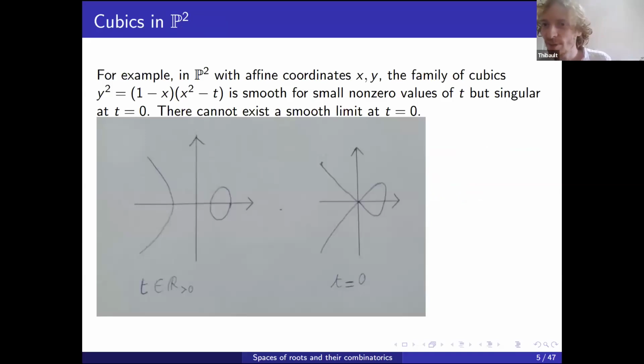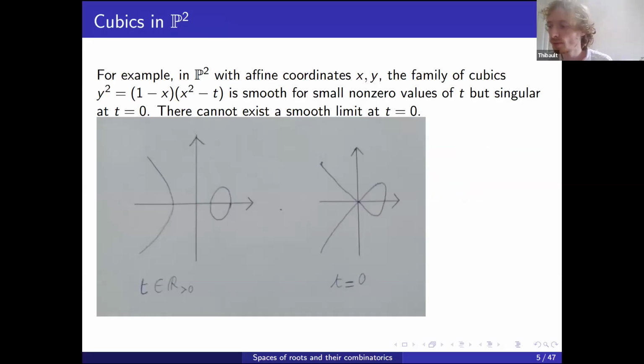Here's an example by picture. Take this elliptic equation, y squared equals this degree 3 polynomial in x inside the projective plane. It's pretty well known from the theory of elliptic curves that if the polynomial in x has 3 different roots, this is a smooth elliptic curve.